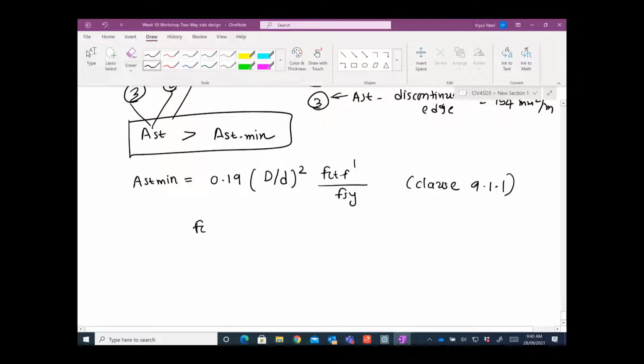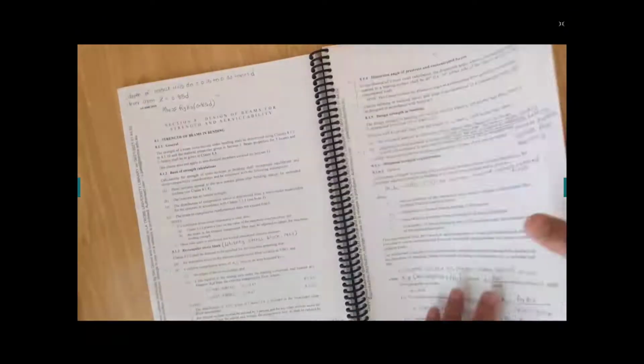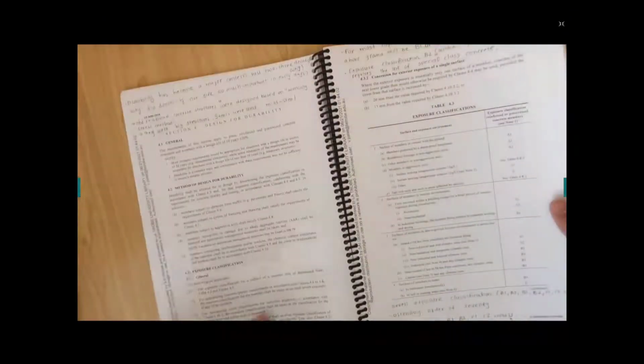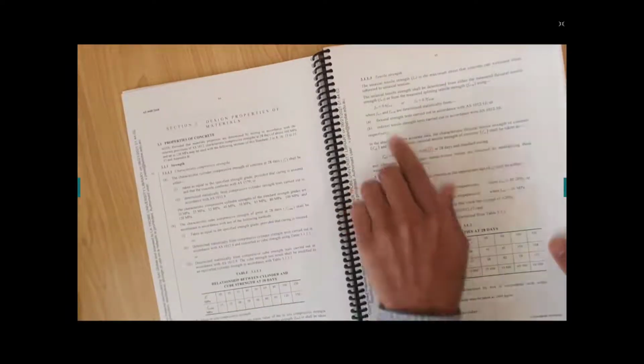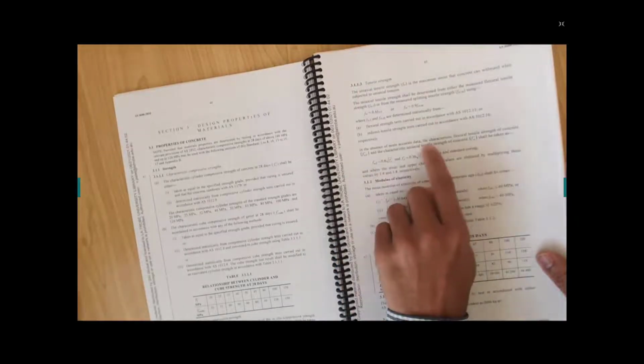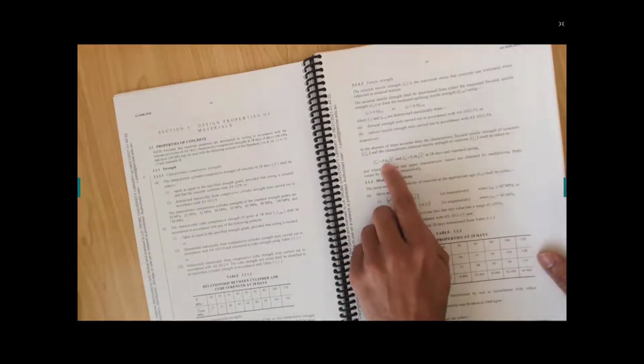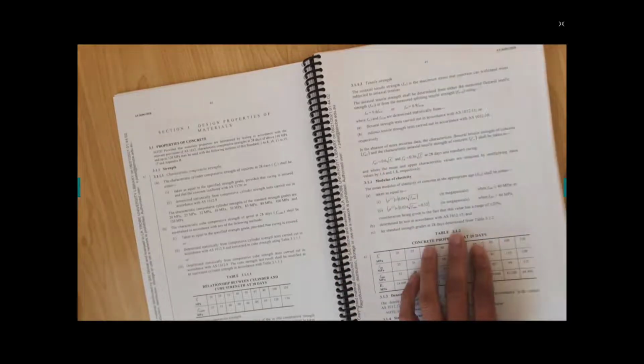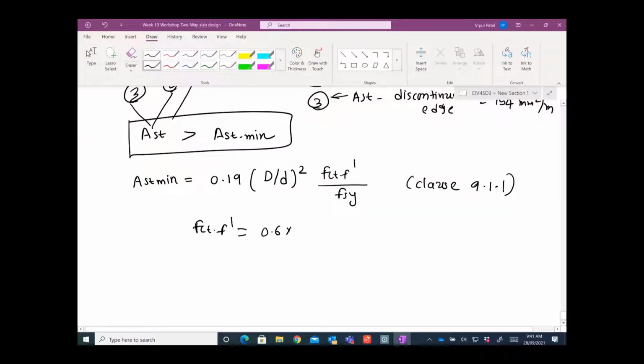Now f'ct.f, the characteristic flexural tensile strength, is coming from clause 3.1.1.3. It is 0.6 times the square root of f'c, and that is coming from clause 3.1.1.3, which gives me 0.6 √f'c.